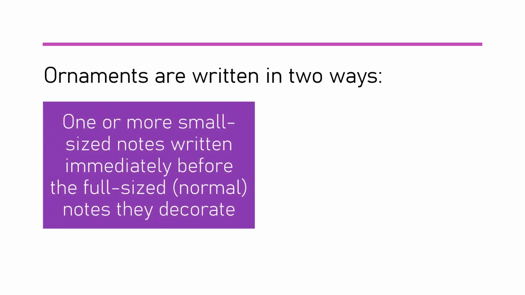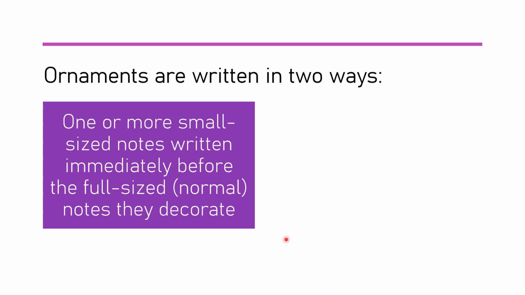Now there are different ways of writing ornaments. Basically, we'll look at two ways. Number one, ornaments can be written as one or more small-sized notes that are written immediately before a full-sized normal note. So if you have a music sheet, and there is a particular note on that music sheet that you want to decorate, which is the normal note or full-sized note, then you can use one or more grace notes, or ornaments, or small size notes.